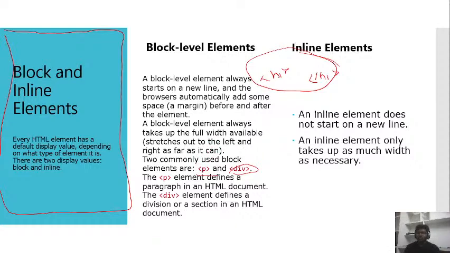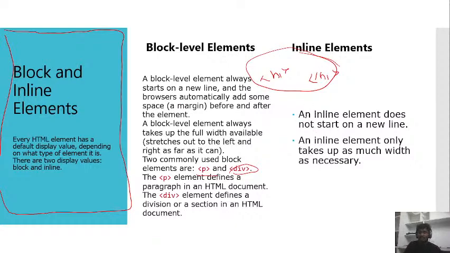Two commonly used block level elements are paragraph and div. The paragraph element defines a paragraph in the HTML document, and the div tag defines a division or section in the HTML document.